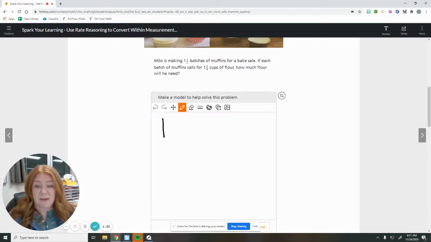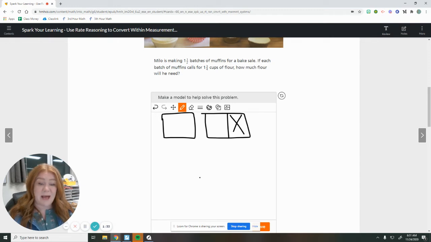So I know he's making 1.5 batches. So he's not making this last half of the batch. So 1.5. And in this batch it calls for 1 3/4 for the whole thing.